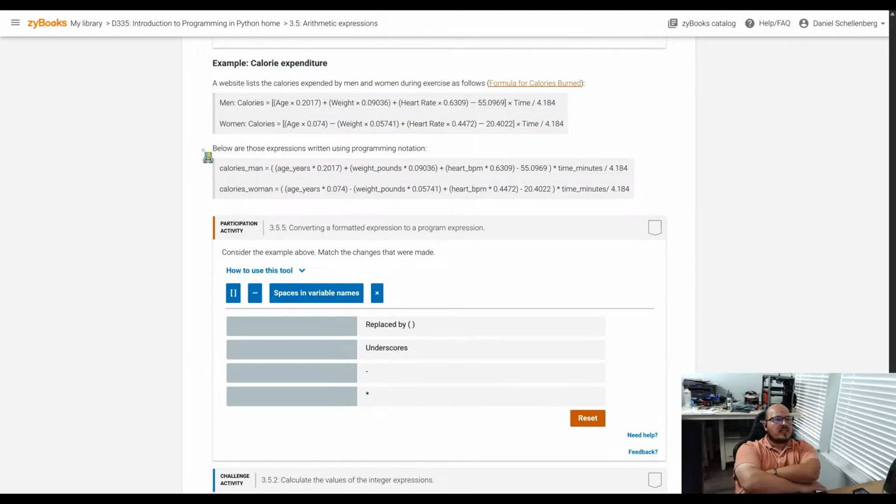A website lists the calories expended by men and women during exercise as follows. Looks like that'll take us to a different site here, but men calories equals, and then it's got this long thing here. So age plus weight plus heart rate minus.